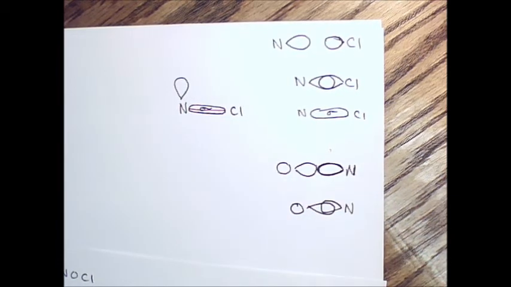They're overlapping to form a sigma bond. And of course then we get it narrowing down into our cigar or wiener shape, and there's the sigma bond. But remember, a sigma bond only accounts for 2 electrons. One from oxygen and one from nitrogen.